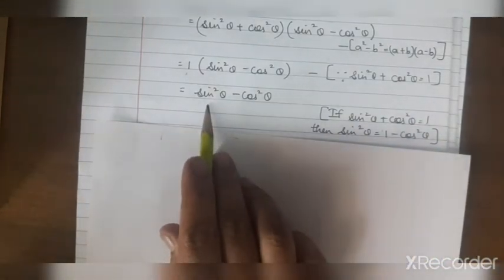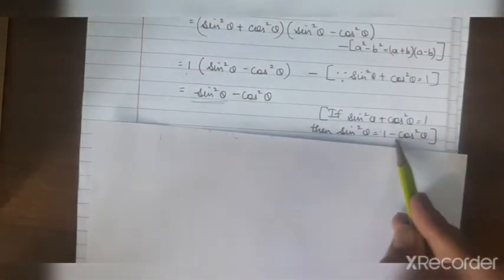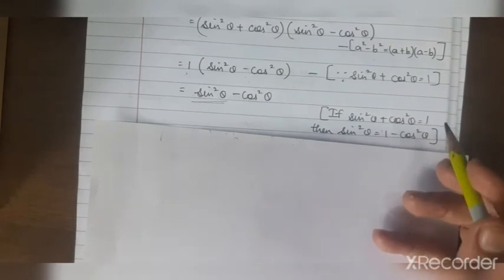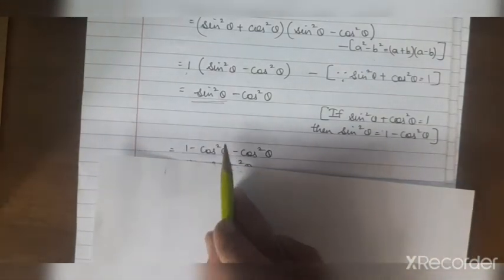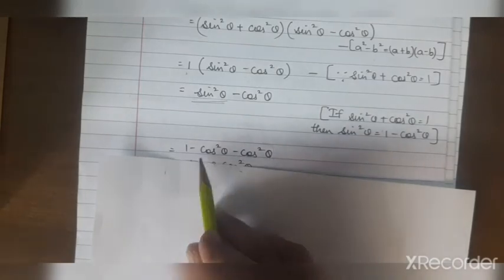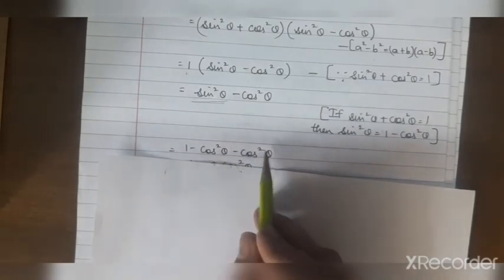That is what we are doing here. Instead of sine square, we are writing 1 minus cos square theta. In the earlier sum also, I told you that from this one identity we get 2 other identities. So this sine square theta is split as 1 minus cos square theta, minus cos square theta. Now minus cos square theta minus cos square theta is minus 2 cos square theta.